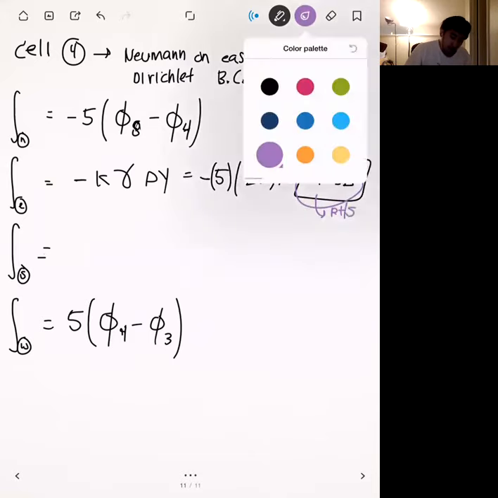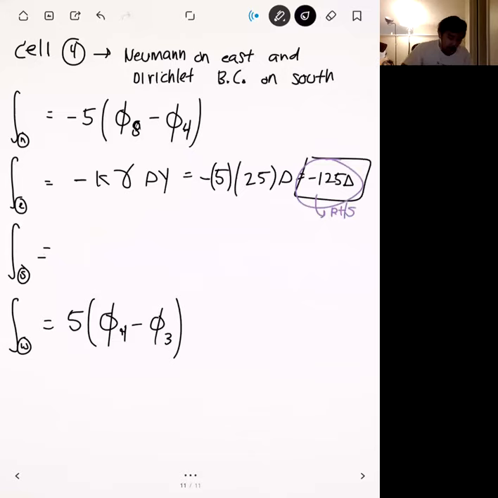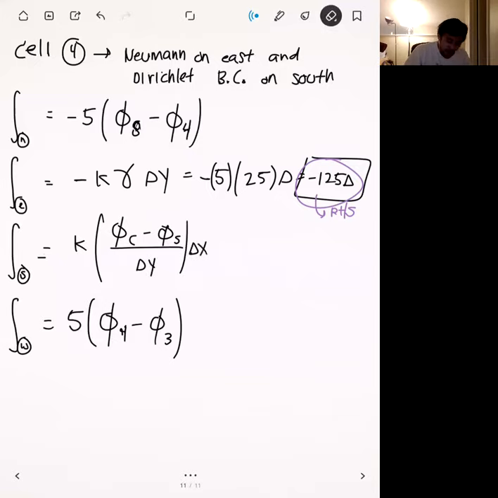And then let's do the south side integral now. For the south side integral, we have k. Normally what we have is phi sub c minus phi sub south divided by delta y times delta x, right? But in this case, since we don't have a south neighbor, but we do have a boundary condition there, we're going to replace this with phi naught, and it's going to be delta y divided by 2.